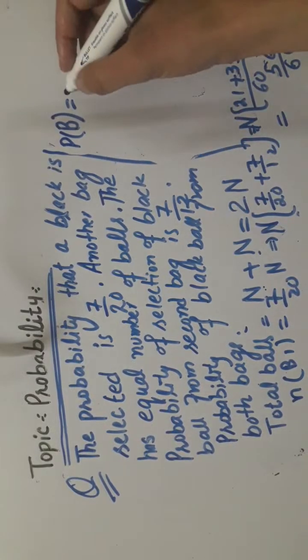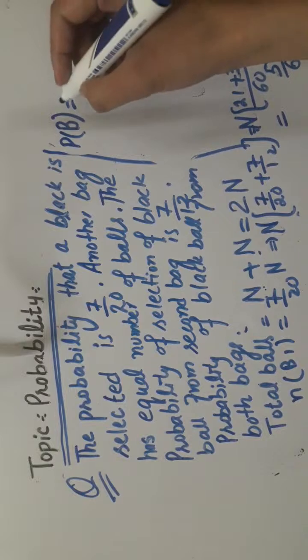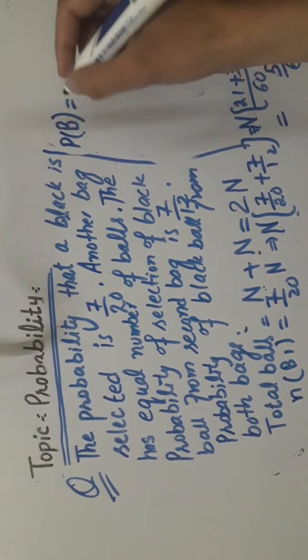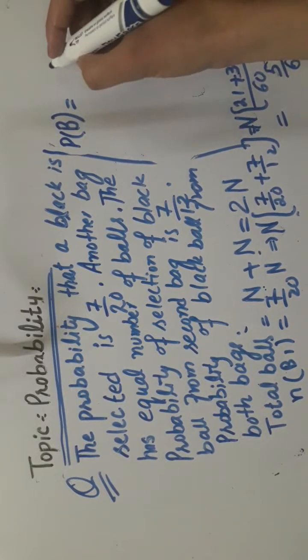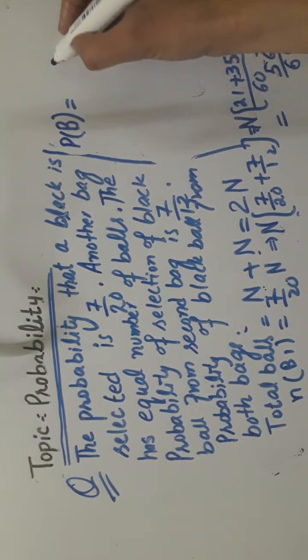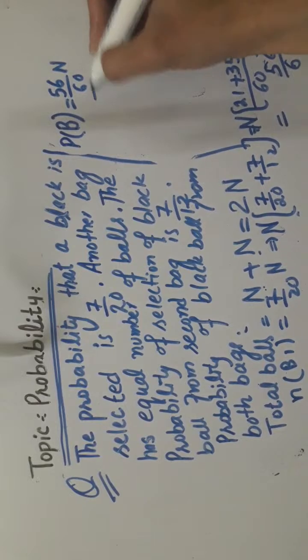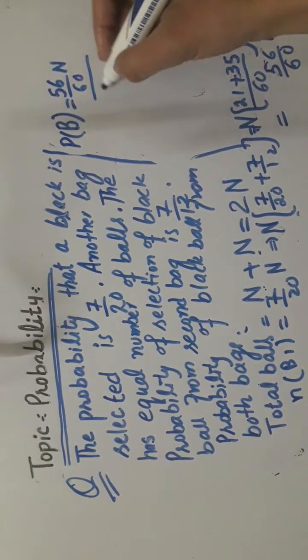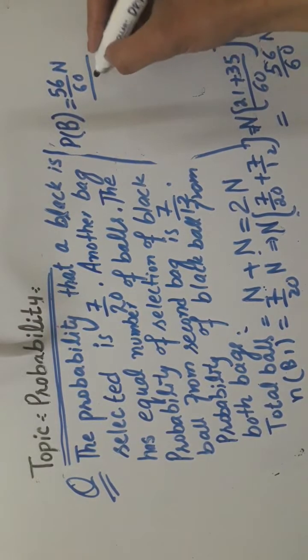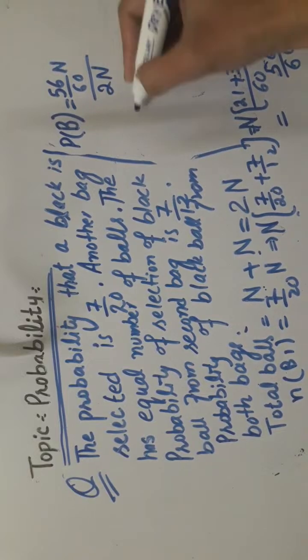So the number of favorable outcomes is 56 by 60n, and total numbers are equal to 2n.